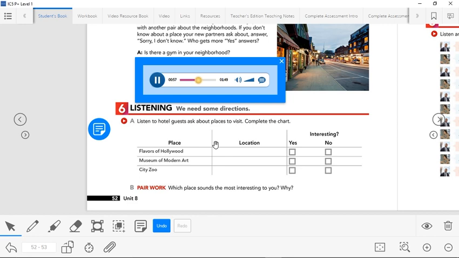Great. And where is the Museum of Modern Art? Well, that's near the City Concert Hall. Near the City Concert Hall. Okay, I know where that is. And what's the museum like? Actually, it's small, and it doesn't have any famous art, so some people think it's not very interesting. Oh, then maybe we won't go there.